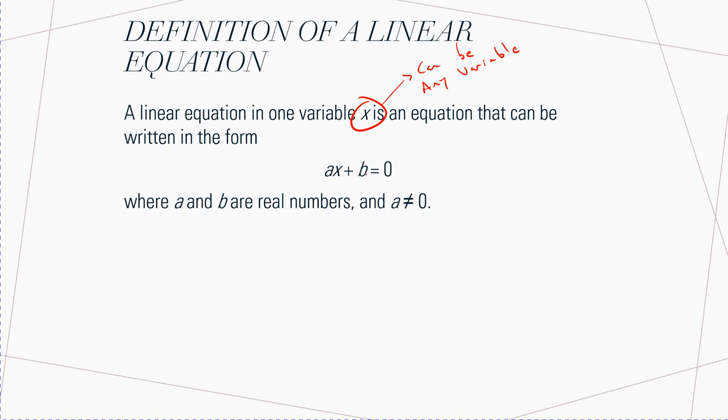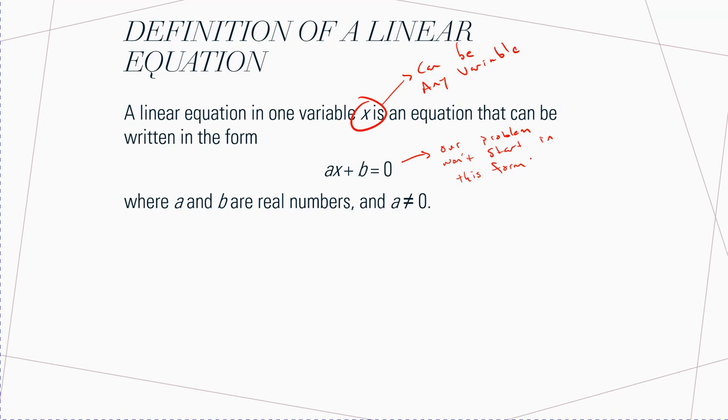The equations that I give you won't start in this form, but ultimately you could simplify the equation to be in this form, where a and b are real numbers, and a is not equal to 0.